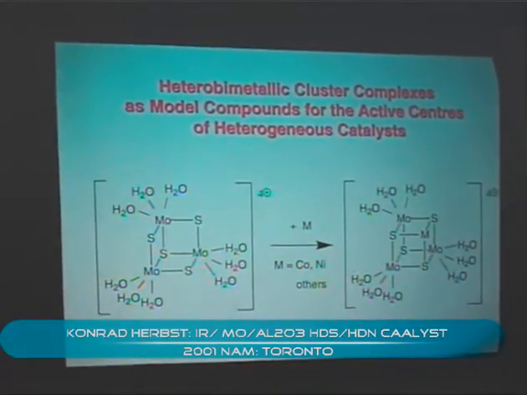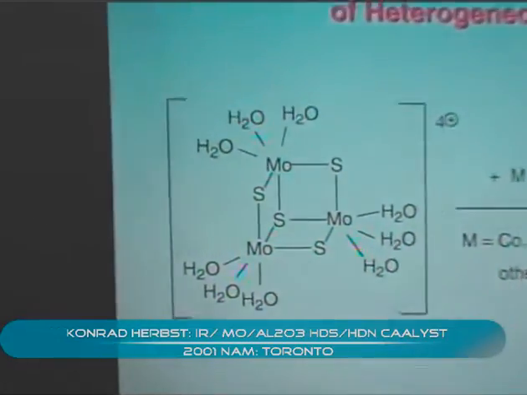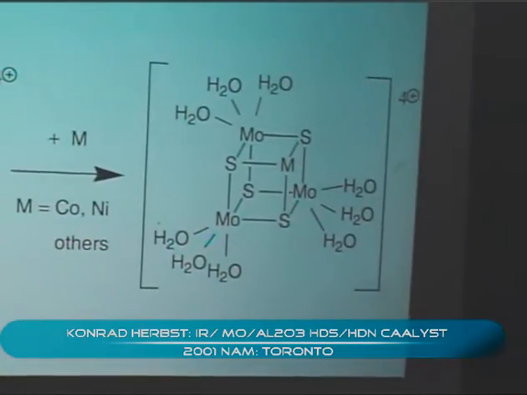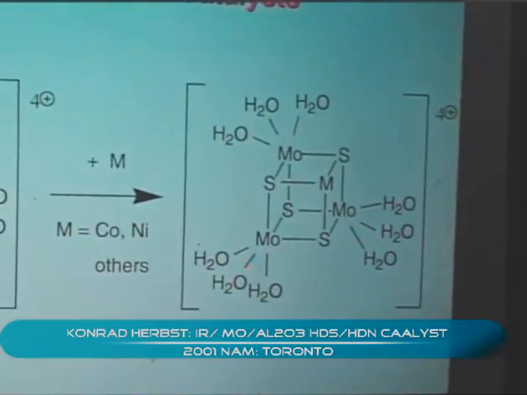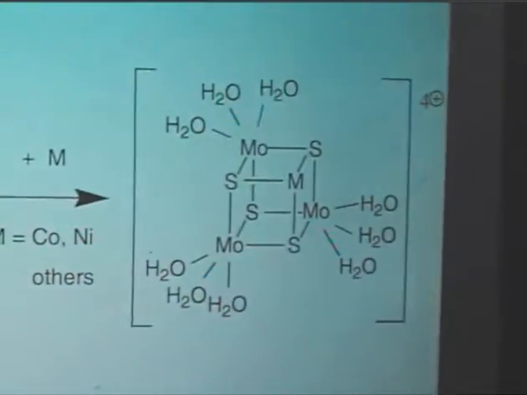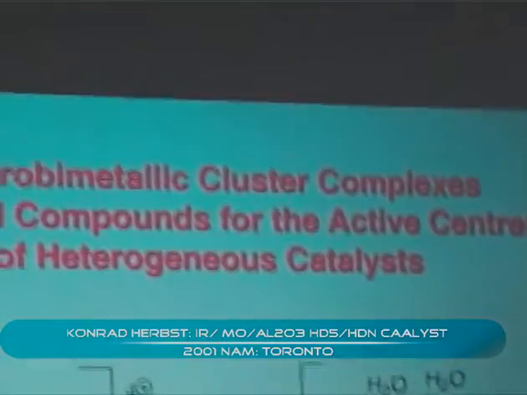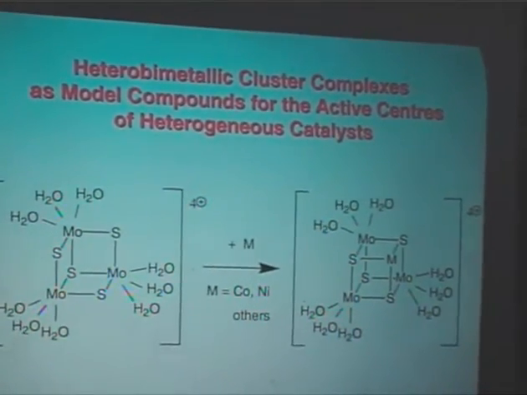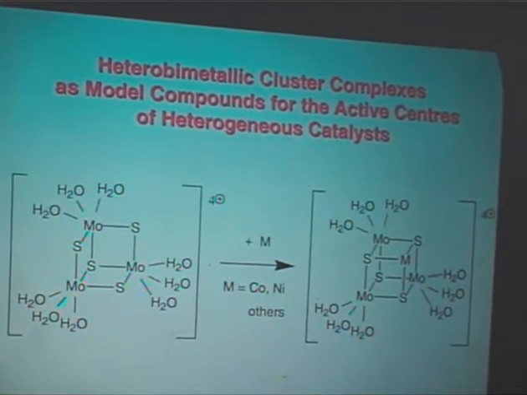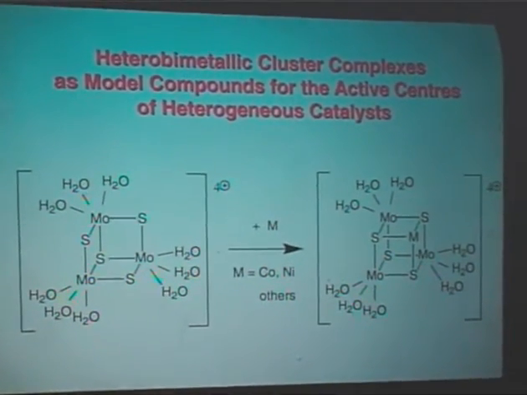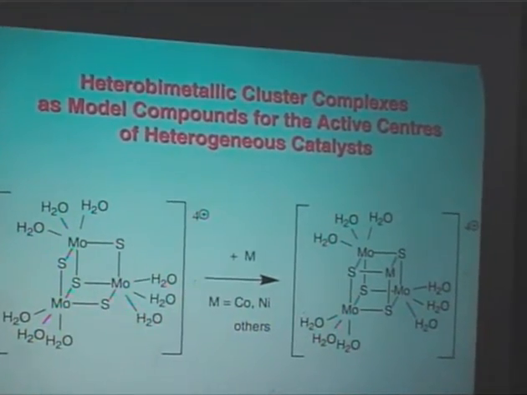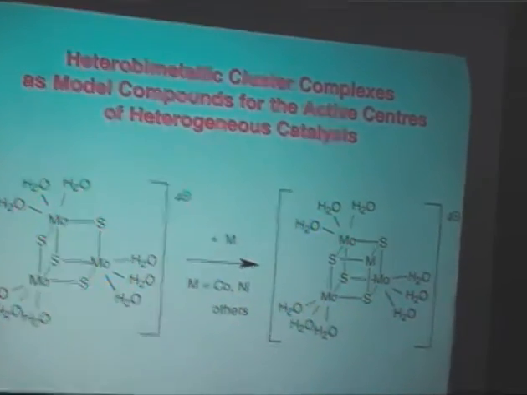In molybdenum chemistry, there is this molybdenum 3S4 cluster core, which can be isolated from aqueous phase with 9 aqua water ligands around it. This cluster is usually referred to as a geometrically incomplete cubane-like cluster, because it forms a cube in which one vertex is missing.